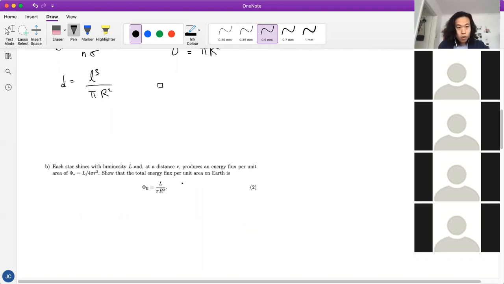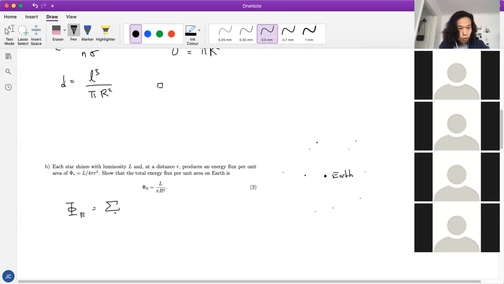Okay, so we are standing on Earth here, and we're assuming that we're surrounded on all sides by stars because the stars are evenly, randomly distributed. So it's going to be a completely isotropic and homogeneous distribution. Technically there's an infinite number of stars, but if we knew where every single one of the stars was, we could easily find the total flux on Earth by simply summing them up.